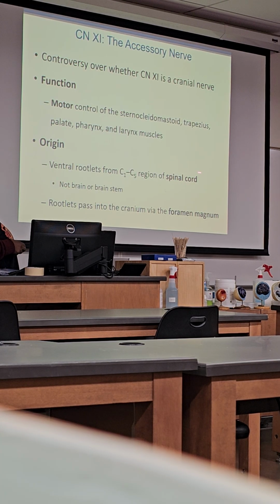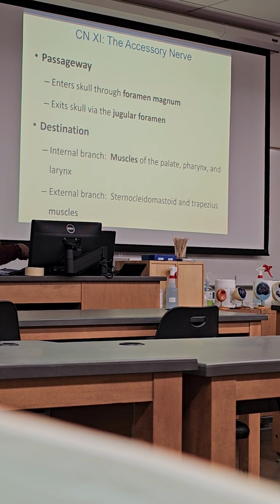This is what makes accessory controversial, because our cranial nerves are supposed to originate in the brain or brain stem, not in the spinal cord. But this one gets grouped into the cranial nerves, because those rootlets converge together and head up through foramen magnum to then exit out of the skull. But they originate down at the spinal cord.